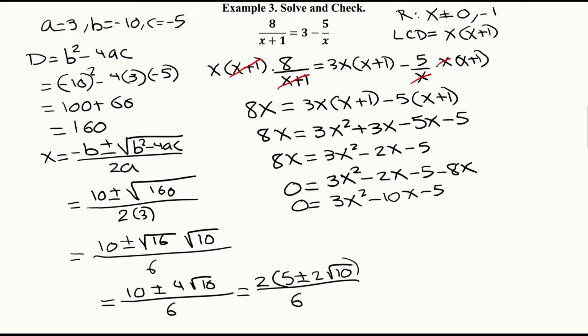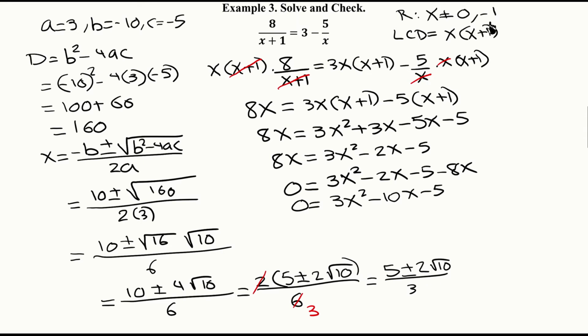Now we can see that we can safely cross cancel those to leave us 3. So we end up with 5 plus or minus 2 radical 10 over 3, which is of course 2 solutions, one from the plus case, one from the minus.